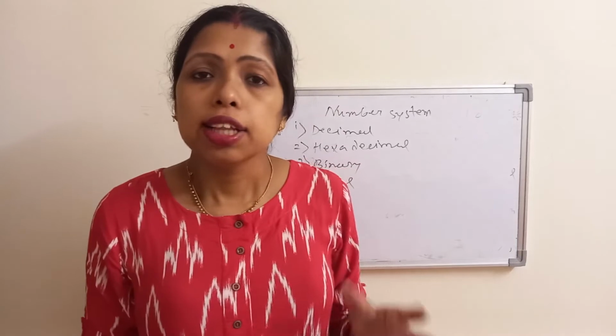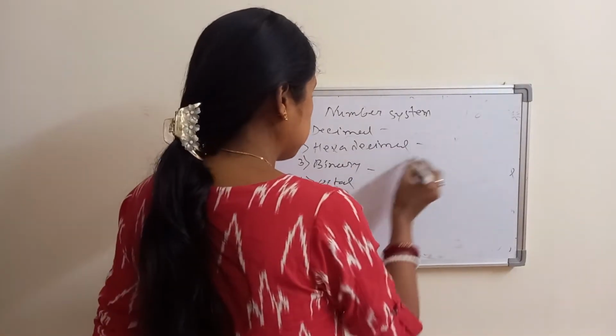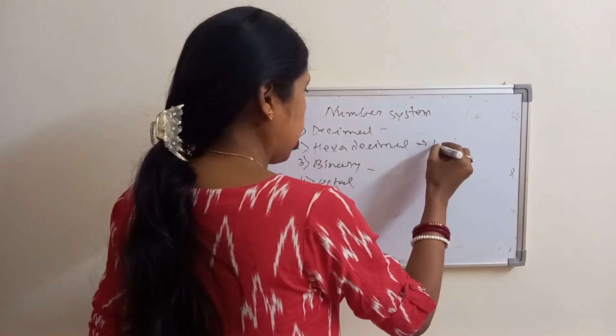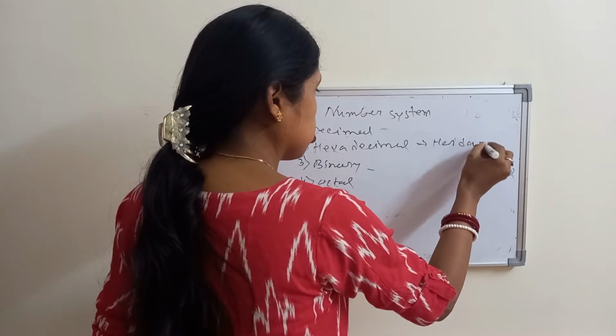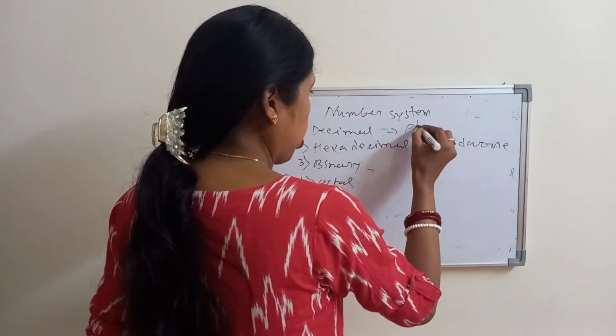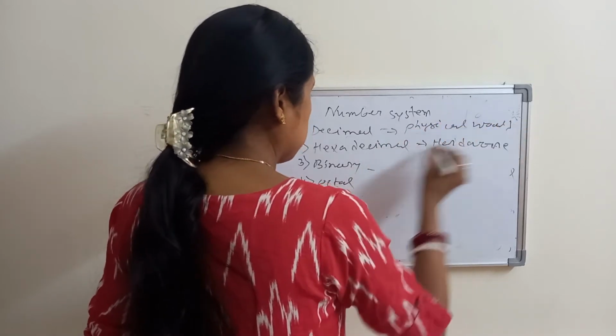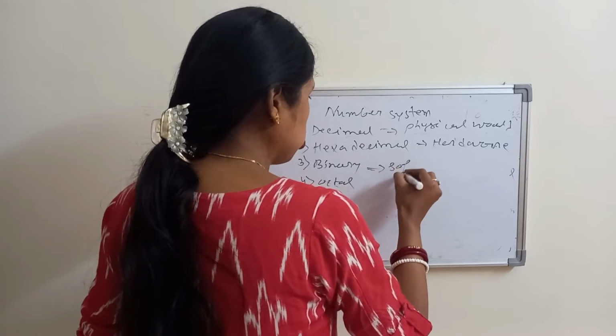But if you want to write anything inside the computer, a write or read operation, the binary number is required, which deals with the software portion, 1 and 0. The hexadecimal and octal are mainly hardware related, the physical or real world, while binary is mainly related to software.